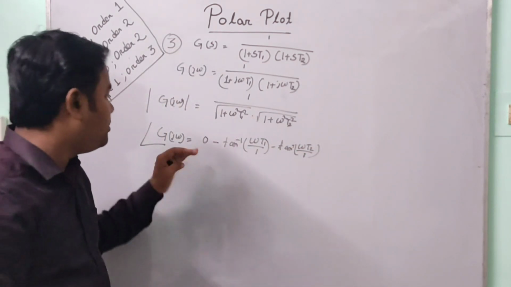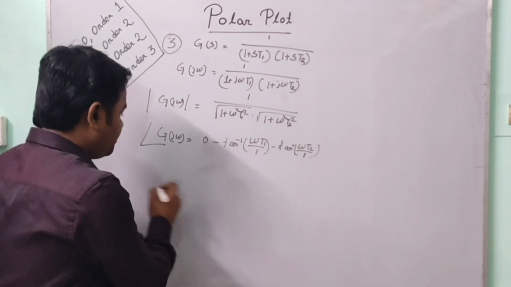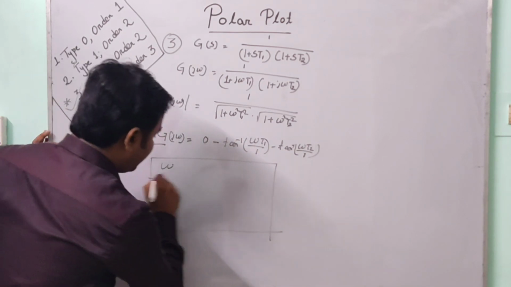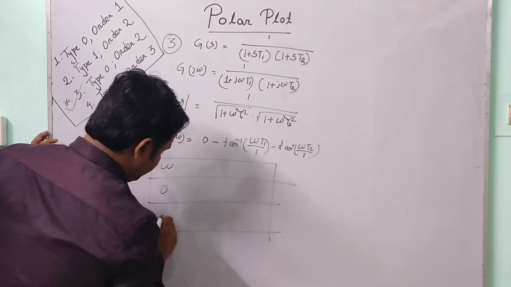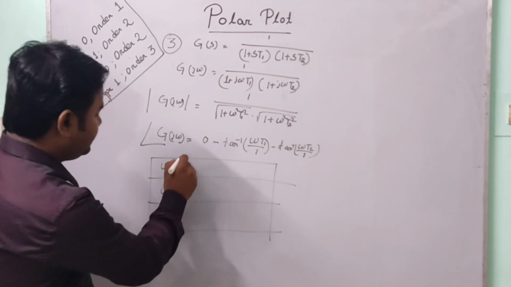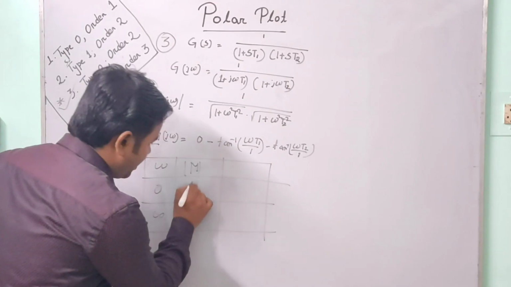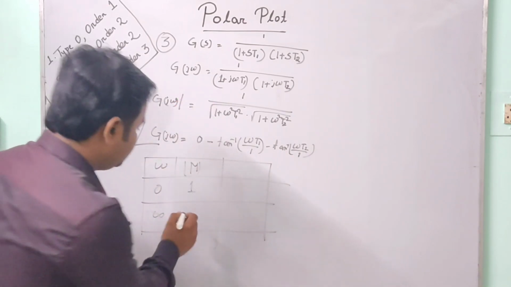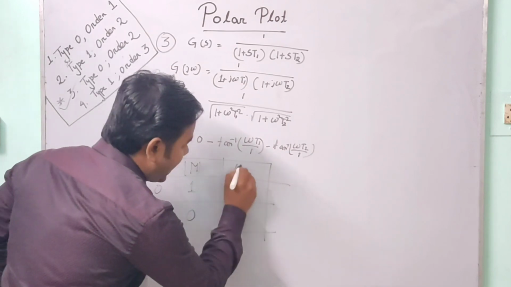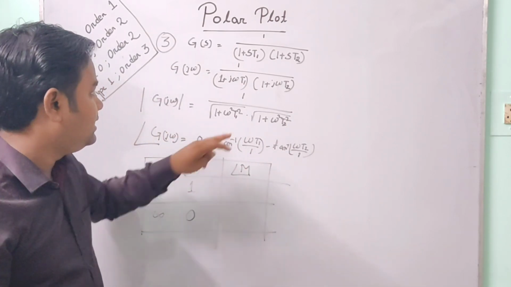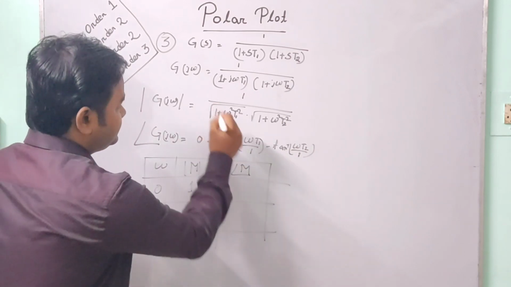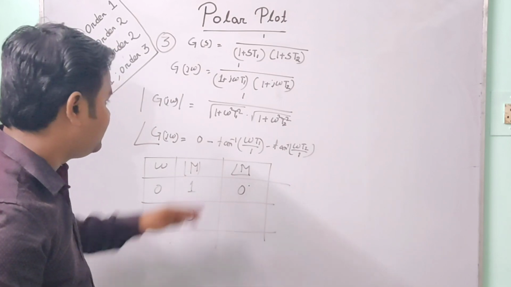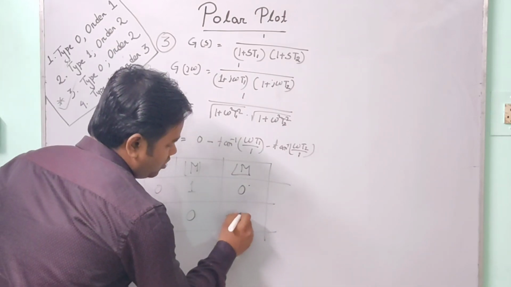Here we have to put omega equal to 0, 1, infinity. By plotting the table, the values of omega are 0 and infinity. The magnitude here will be 1, and if we put omega equal to infinity, the magnitude will be 0. For the angle, if I put omega equal to 0, I get 0 degrees, and if I put omega equal to infinity, the angle will be minus 180 degrees.